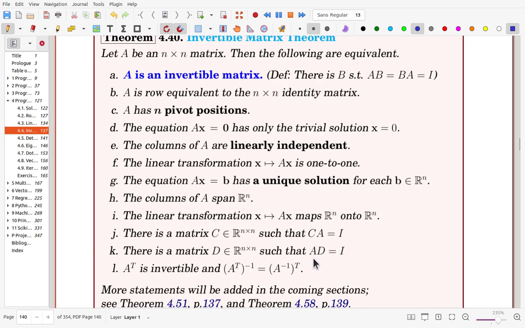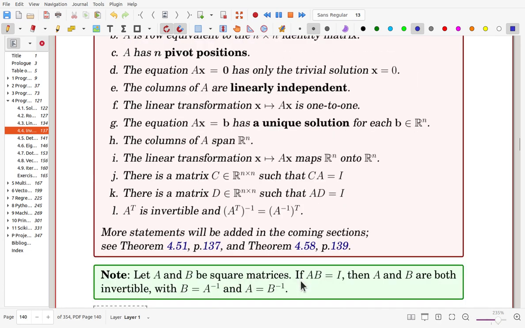Again, now this is a right inverse, and once a right inverse exists, then it will also become a left inverse. So only a one-sided inverse is enough here. And A transpose is invertible: once A is invertible, then A transpose is invertible. If A transpose is invertible, then A itself is invertible, and we already considered that inverse and transpose commute.